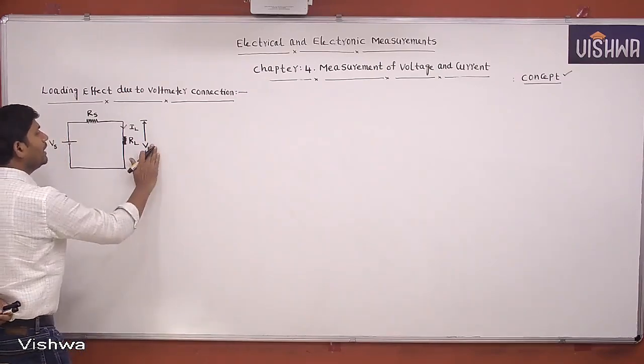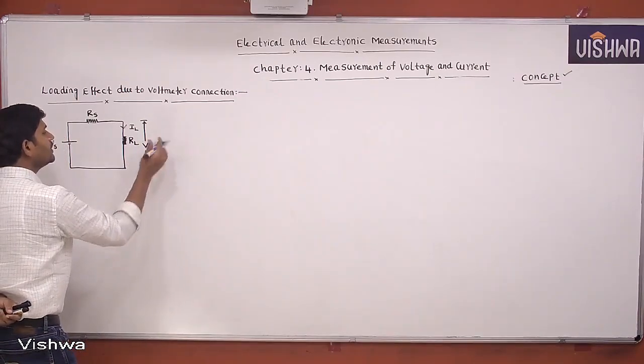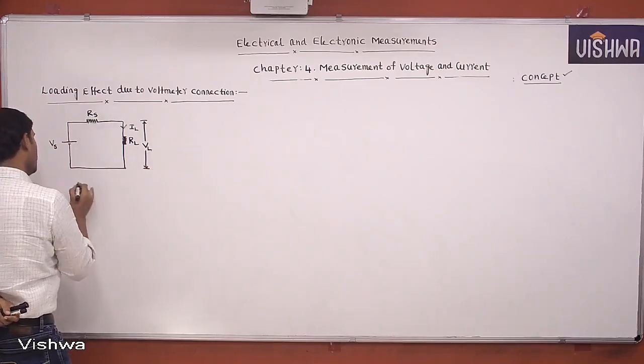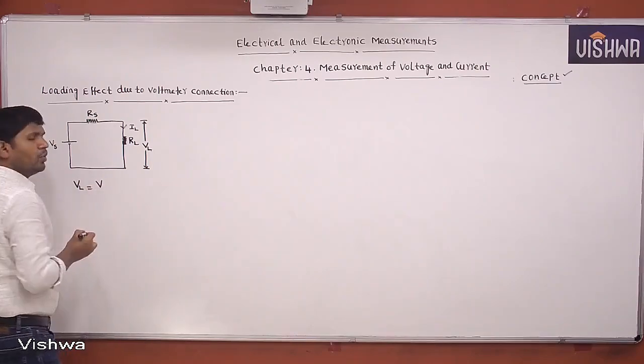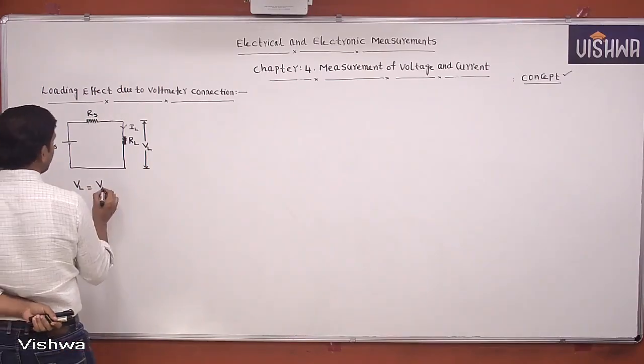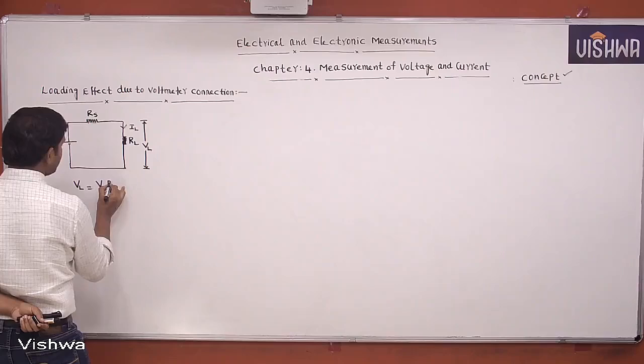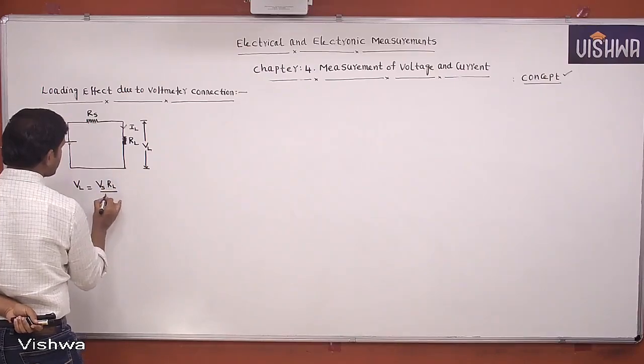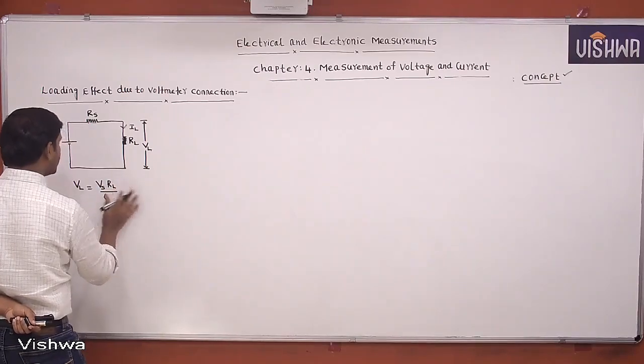how to calculate this voltage across the load by using this circuit, you tell me. Then what is VL equal to? Apply voltage divider rule. What we get? VL equal to Vs into RL by RL plus RS.